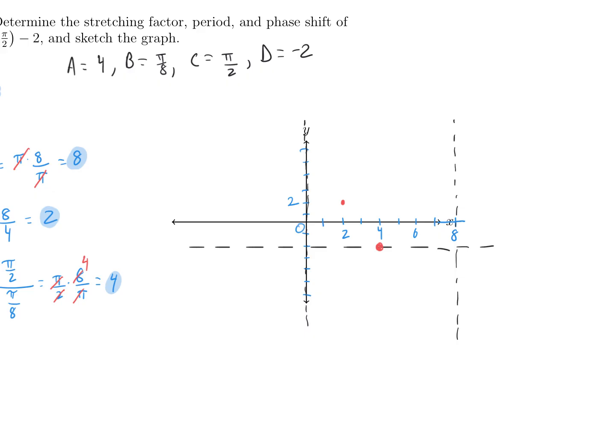So if you go down 4, it's 1, 2, 3, 4, which is this point right here, which is -6. So at 6, you go down to -6. And there is your cotangent graph. And that completes this section.